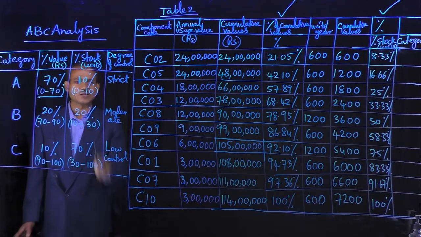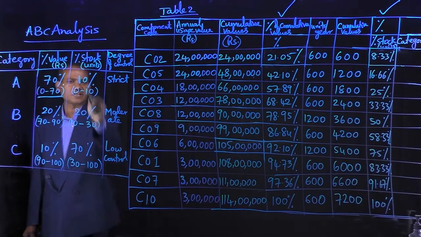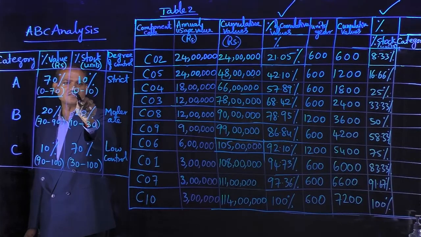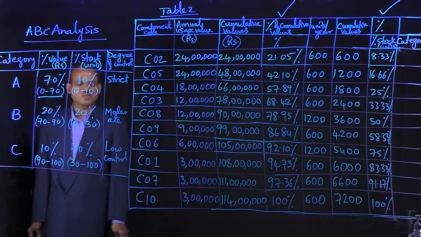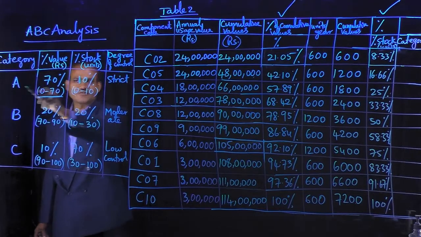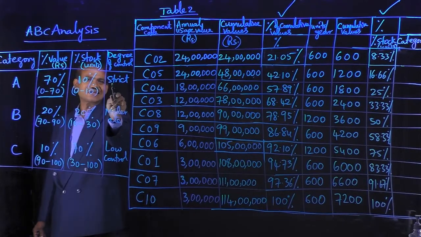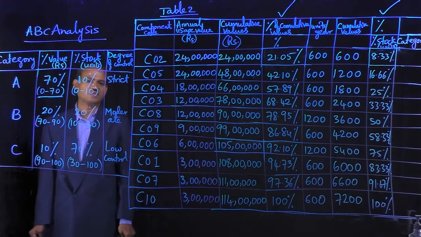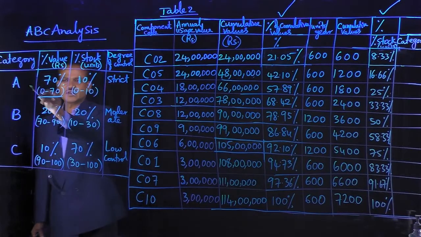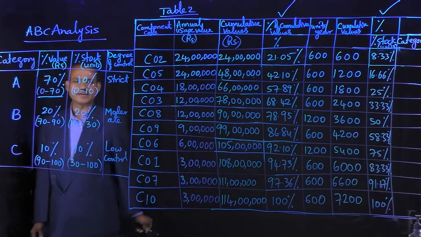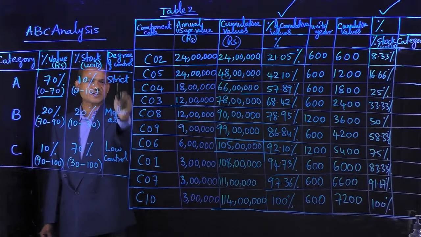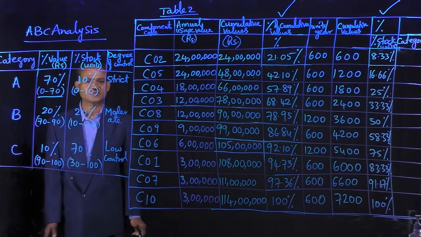You can easily remember this table. 10% means this range is 0 to 10. So which type of control is needed for A class items? It requires strict control. Strict monitoring is required. Day to day we observe how many items belong to the A category. So strict control is needed for A class items.